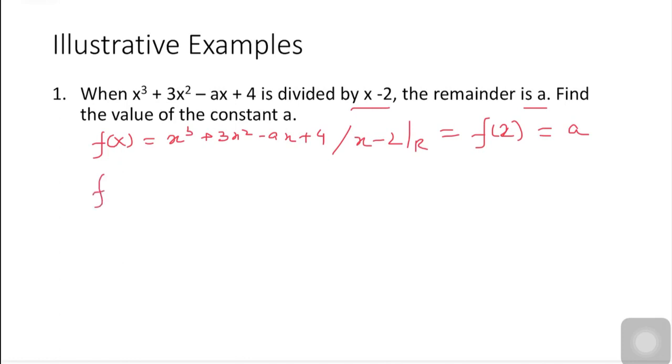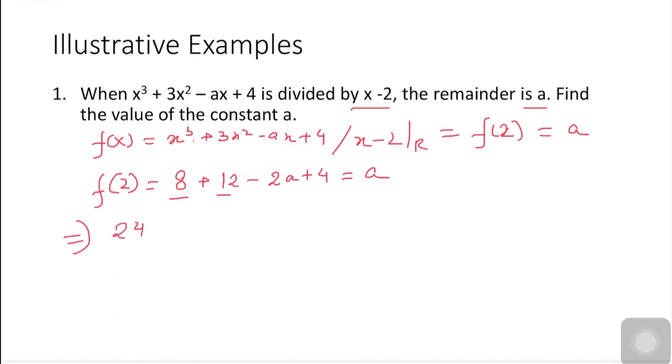So let's substitute the value. Let's find f of 2. So 2 cube is 8, plus 3 times 2 square, which is 4, 4 times 3 is 12, minus a times 2, that is minus 2a, plus 4, and this entire value is equal to a. So we get 12 plus 8 is 20, 20 plus 4 is 24.